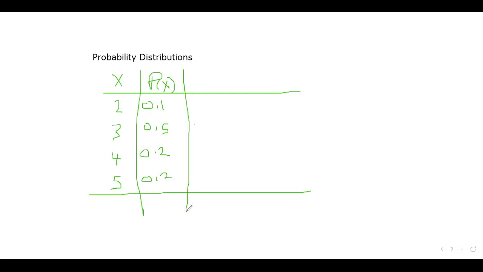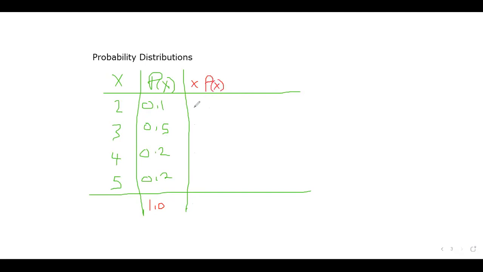Question number 1, does the total add up to 1? Then we need to multiply these two, x and the probability of x.